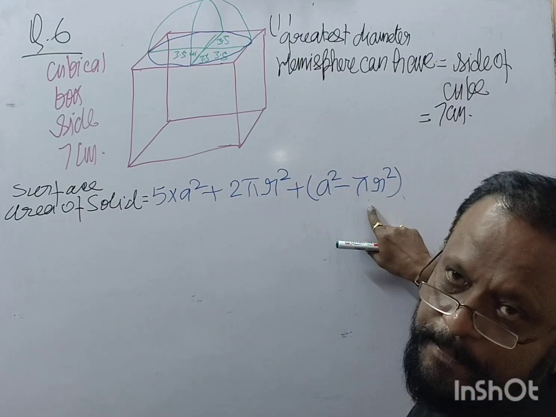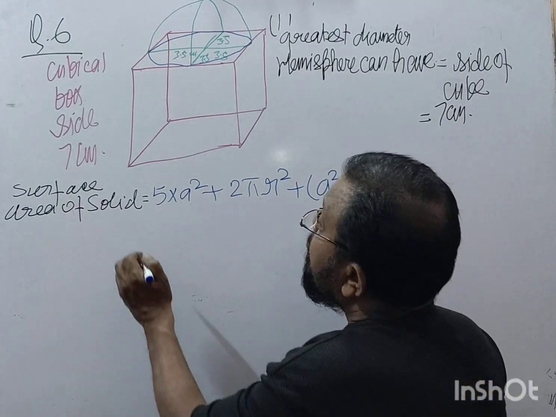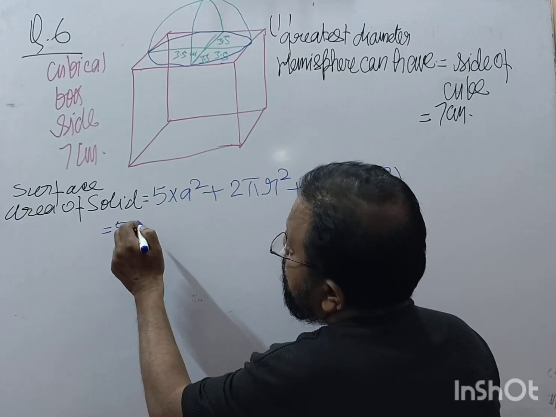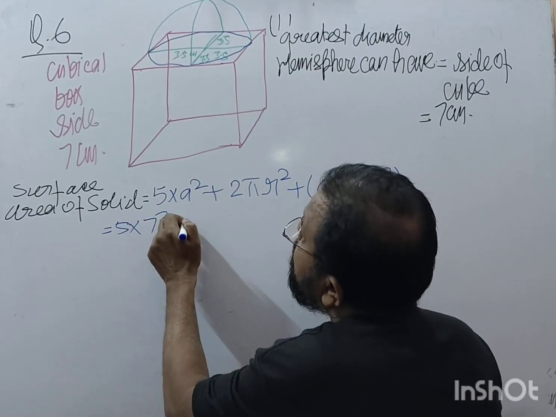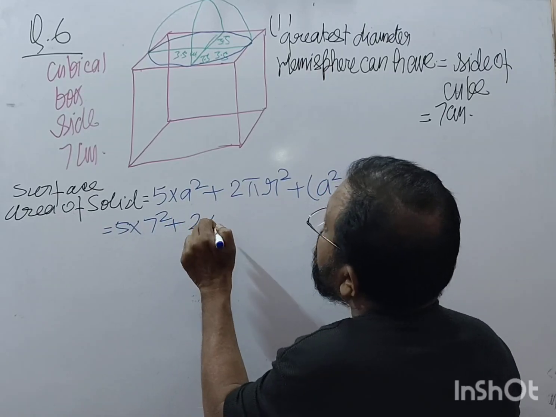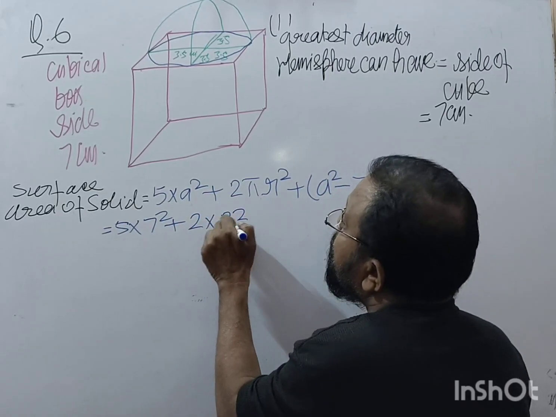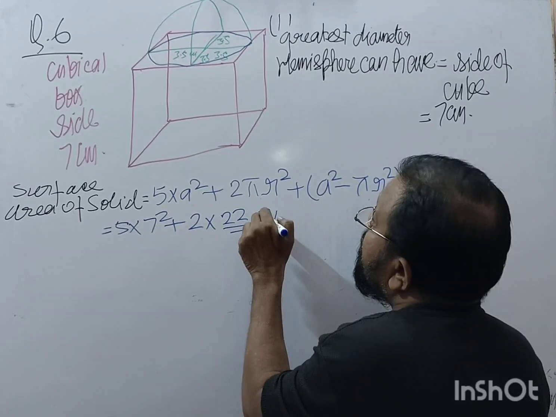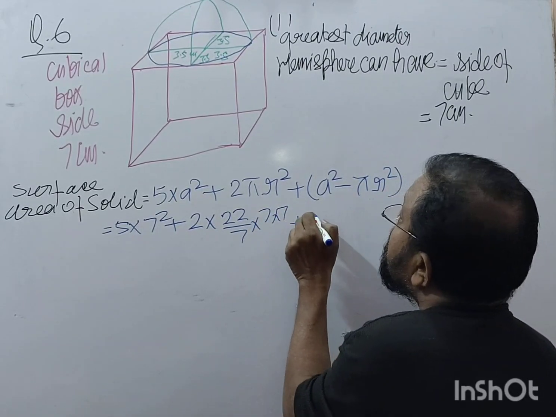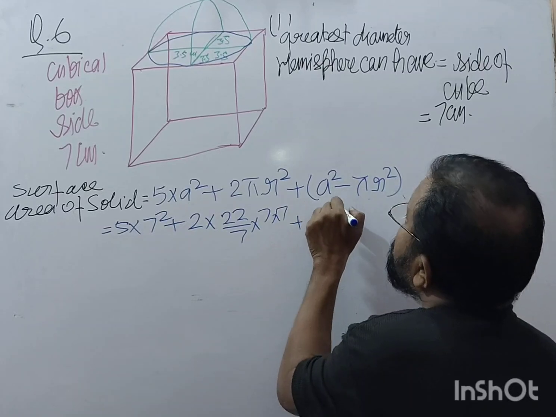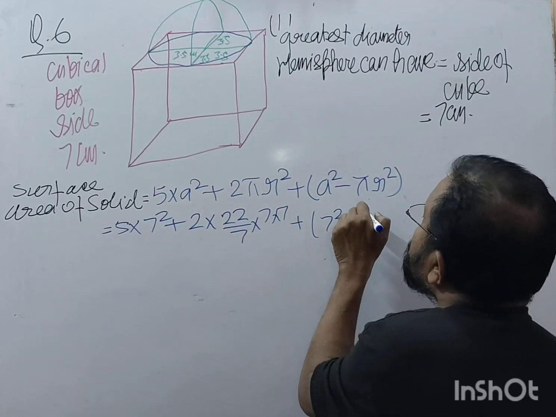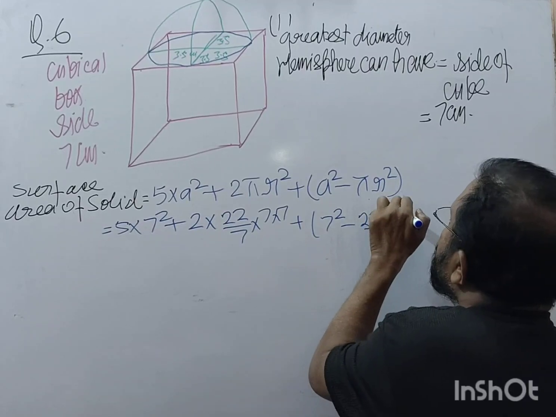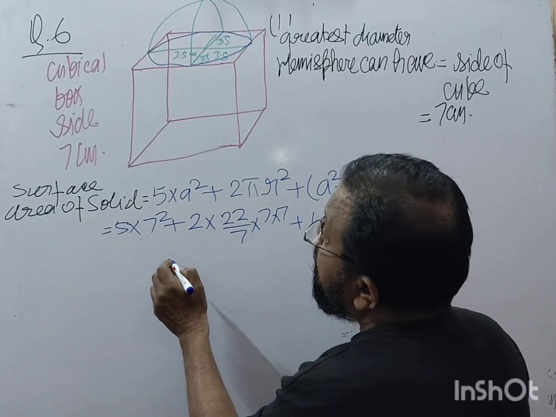A square minus pi r square. So how much you get? That is 5 into 7 square plus 2 into 22 upon 7 into 7 into 7 plus 7 square minus 22 upon 7 into 7 into 7, right?